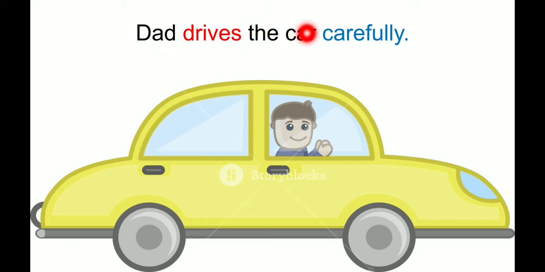Dad drives the car carefully. First of all, identify the verb here. What is verb? Drives. Drives is verb because it is showing an action. Can you find any other word in this sentence that is describing the action here?